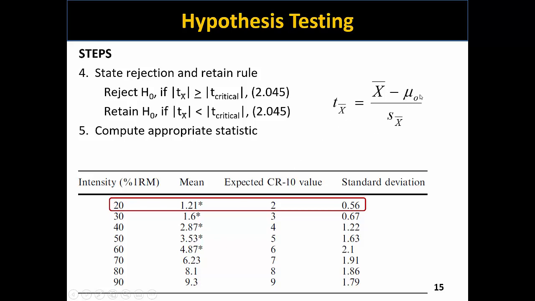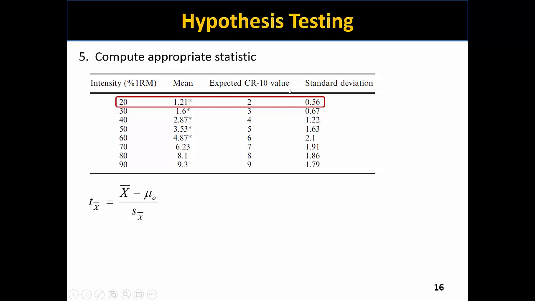The population average to which we're going to compare that is what we expect it to be, a test value of 2. And the S of X bar is the standard error of the mean of the sample. Remember, we do not have the standard deviation of the population. Moving forward, this is just repeating the previous slide.